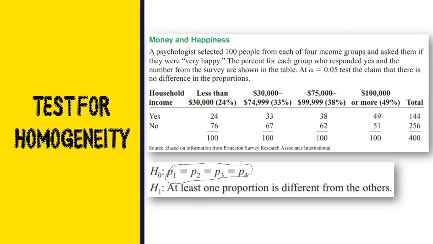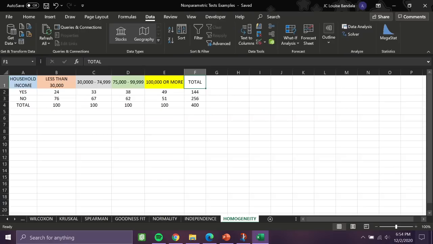So we are just trying to say here that across the 4 income groups, they are all equally happy. Or, in your alternative, at least one is different. This is how I encoded your data.